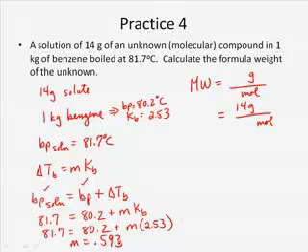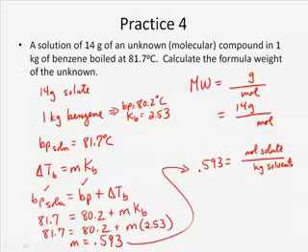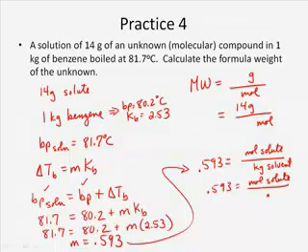Now, what are we going to do with that? We need moles, not molality. Well, let's refresh our memory on what molality is. That means 0.593 is equal to moles of the solute over kilograms of solvent. Okay, I know how much benzene I used. 0.593 is equal to moles of solute over 1 kilogram.